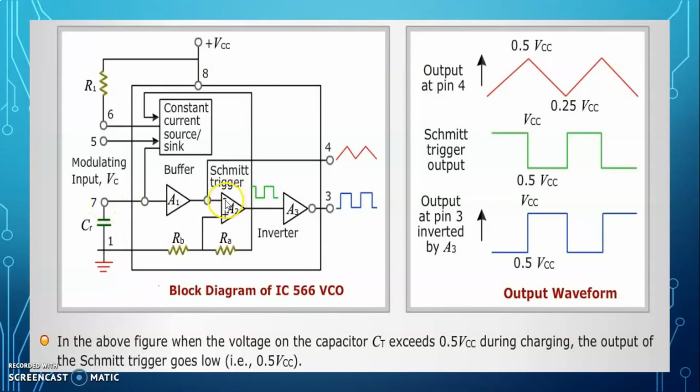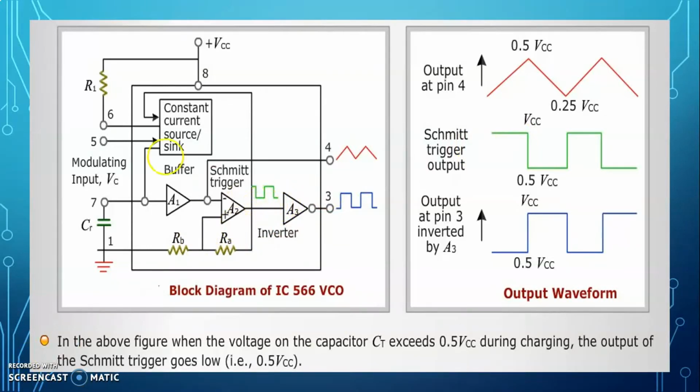The Schmitt trigger inverting terminal voltage also increases because the capacitor is connected to the inverting terminal of the Schmitt trigger through the buffer A1. Until the inverting input terminal voltage of the Schmitt trigger is less than the non-inverting terminal voltage, the Schmitt trigger output maintains high.